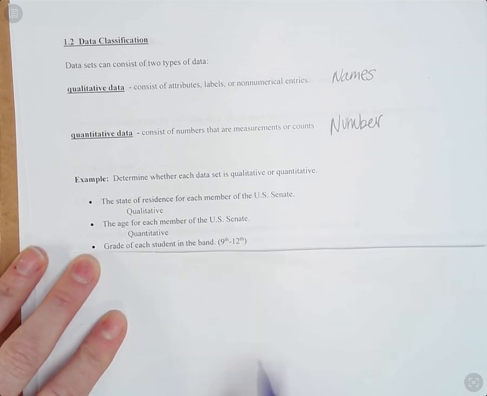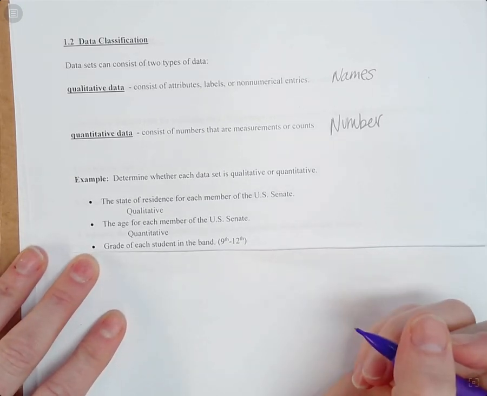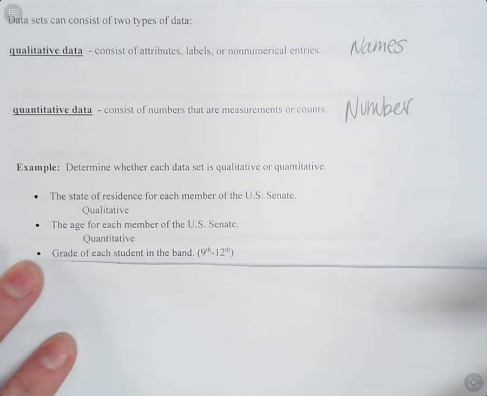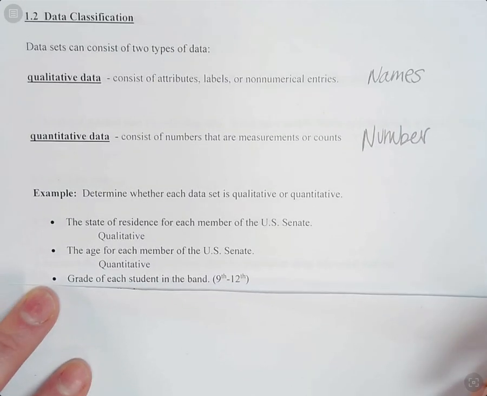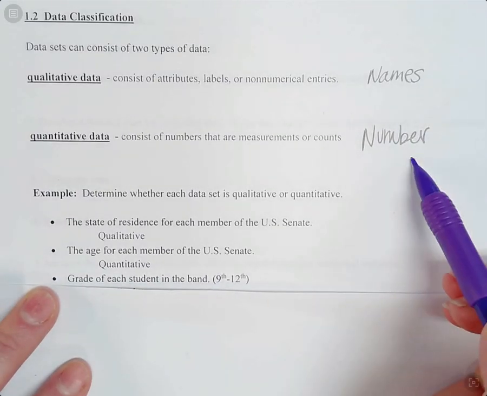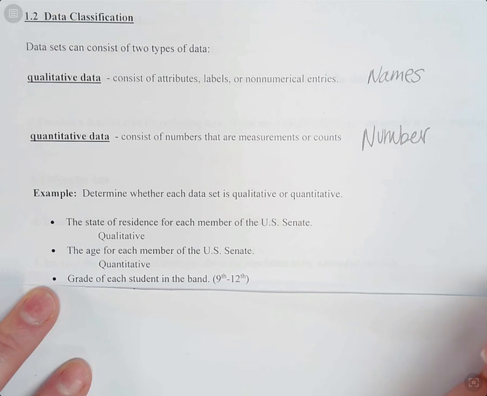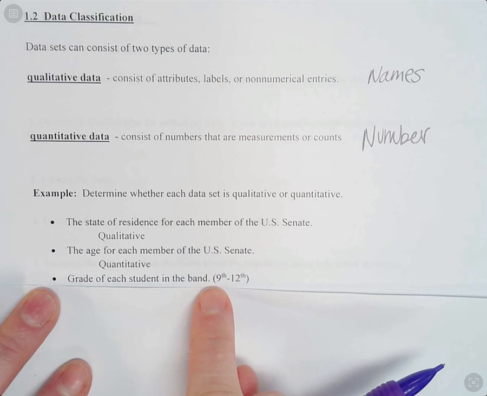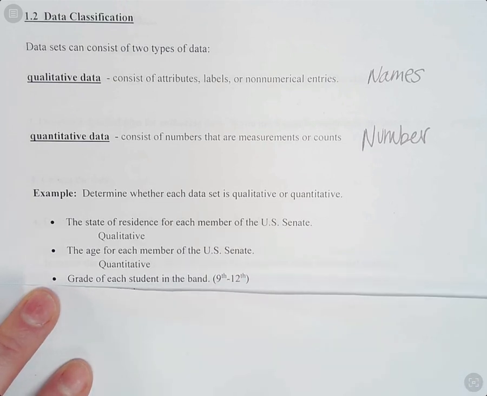Okay, grade of each student in the band. What do y'all think? Is it considered more of a name or more of a number? Yeah, it's considered a name because you could also say freshmen, sophomores, juniors.